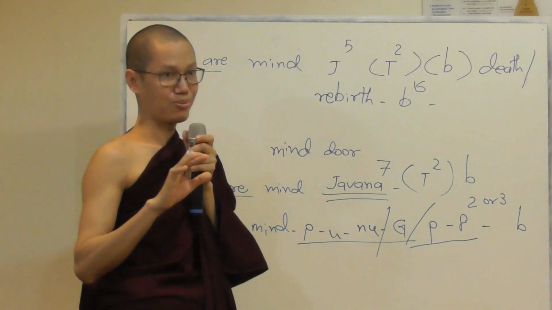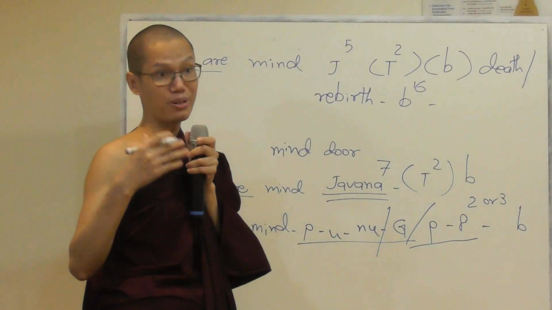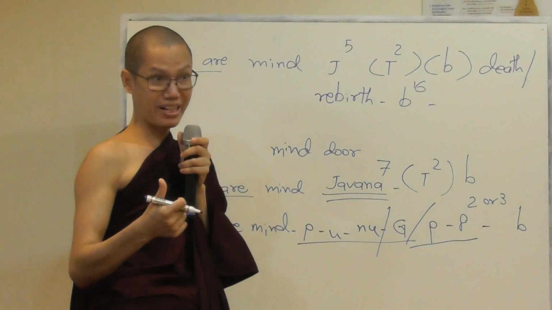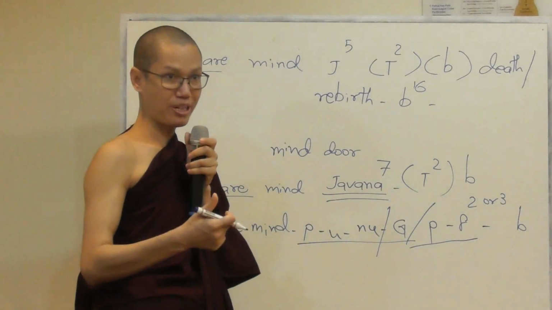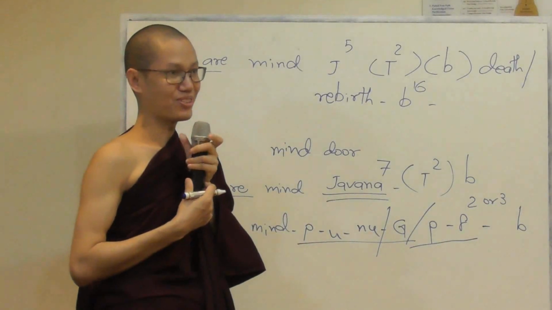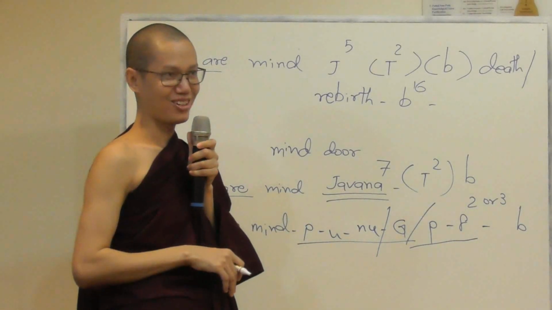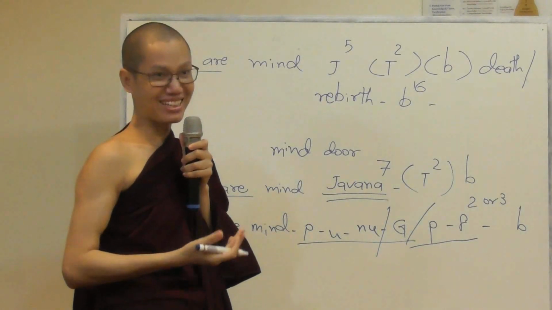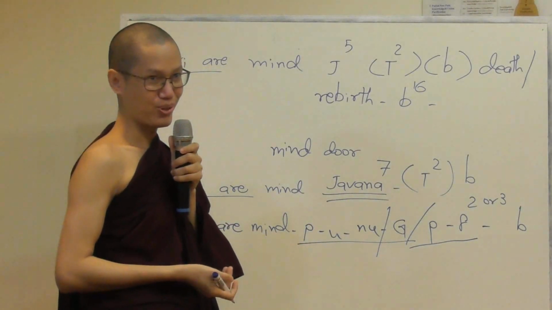But we may not know where he was born: in hell, or as an animal, in the ghost realm, or in the human or deva life. Some may be known, some may give signs like haunting, making sounds or something like that. If so, you will know.